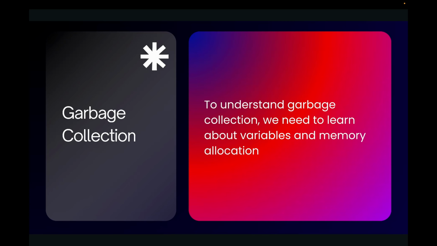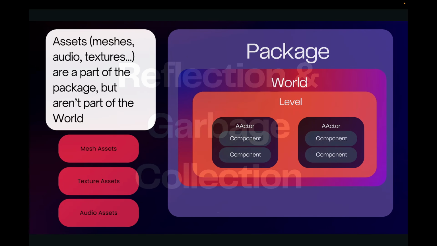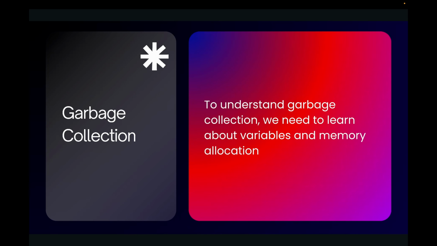In Unreal, because it has the structure like this, the package, world and level, all that stuff, because we can put everything that is running that code inside this package, we have the ability to have a reflection system and thus have garbage collection. In order to dive deeper into garbage collection as a whole, we're going to need to talk about variables, which we'll talk about in the next video.